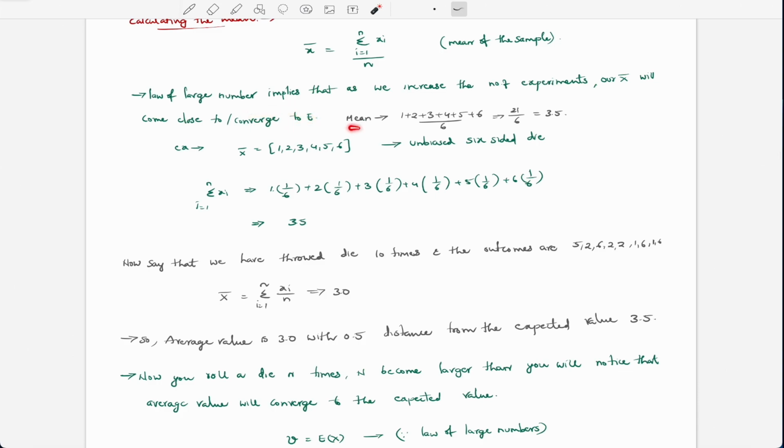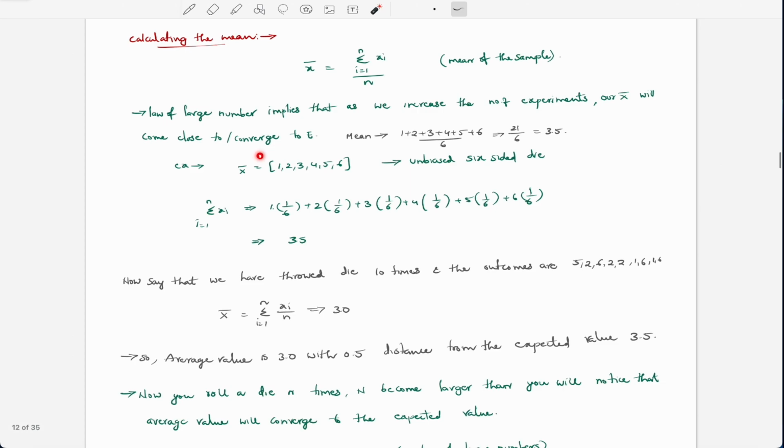If you roll a die which is unbiased and independent, and we simply take the mean of that, then the mean is 3.5, right?